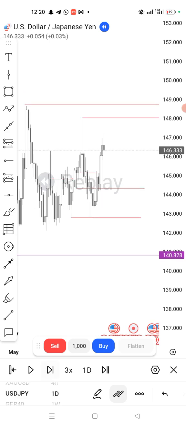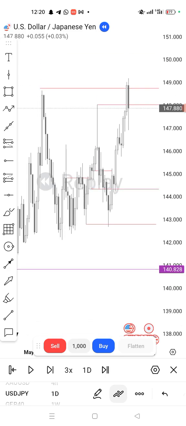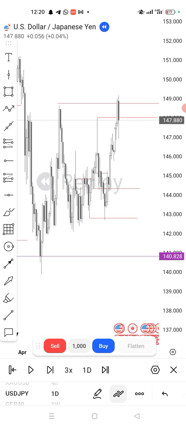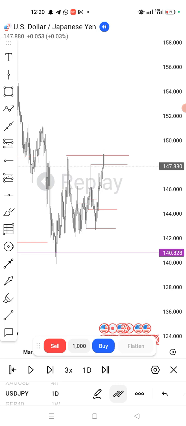And what do we have? Can you see? TP, TP, TP. So that is how range works with structure. A breakout on a higher time frame will give you a sweep and break on a lower time frame. So see you guys in the next video.